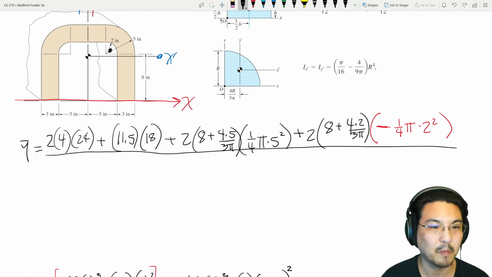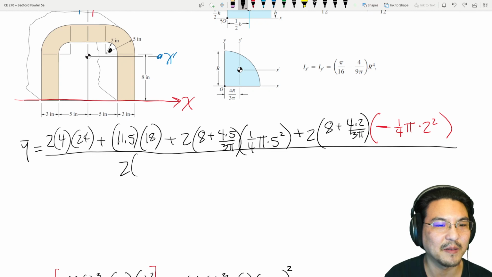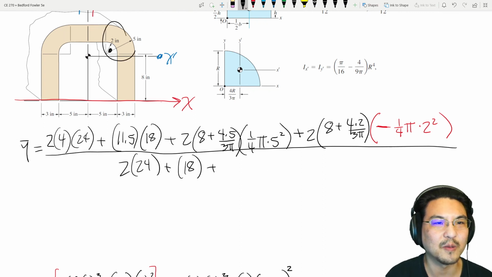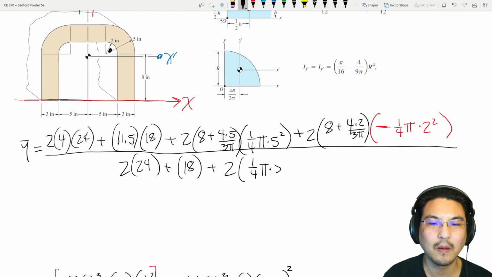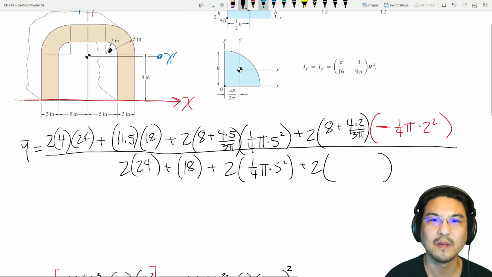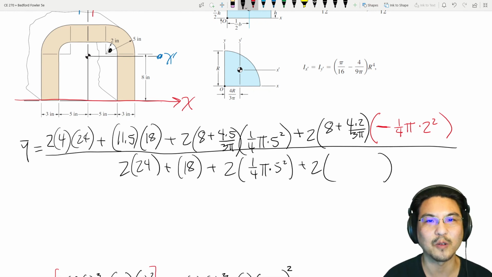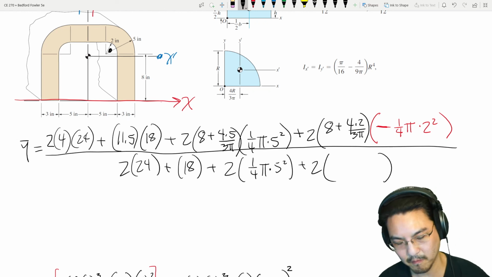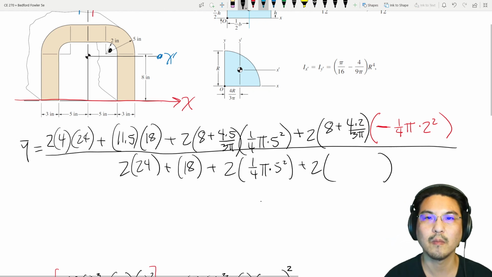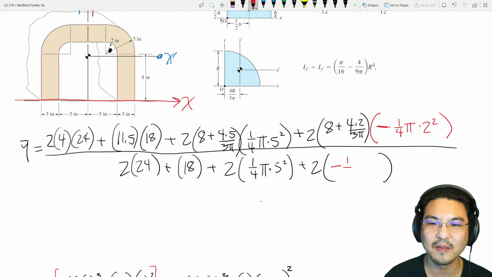Okay, and then just divide by the total area. This, the two of these rectangles, well, let's not forget this rectangle over here, the two of these quarter circles, and the two quarter circle cutouts. Minus.